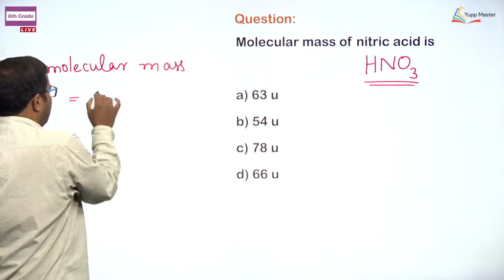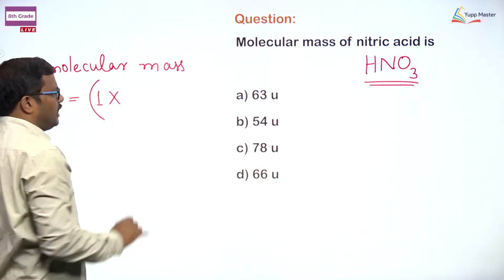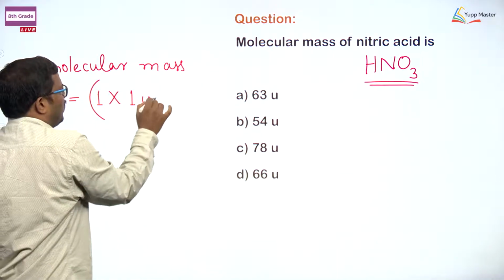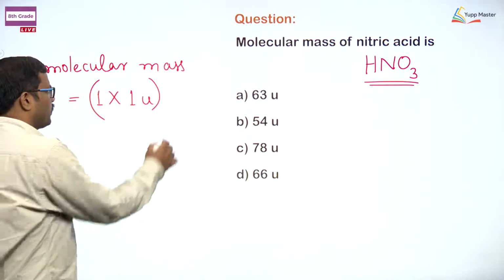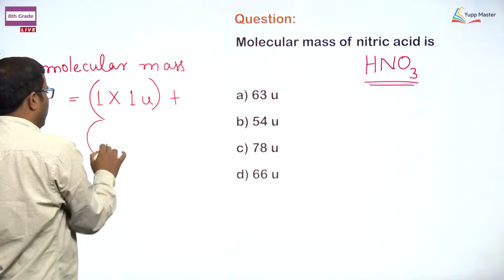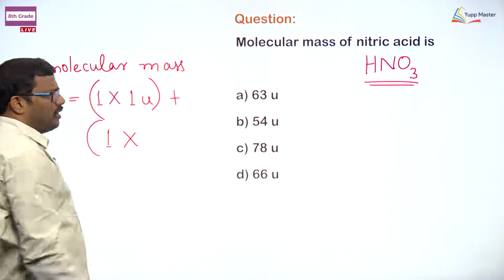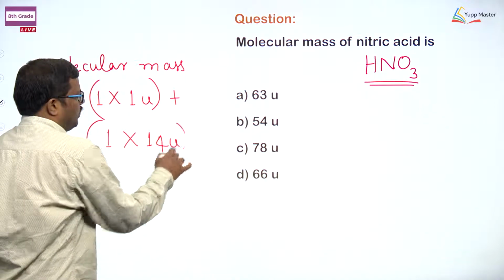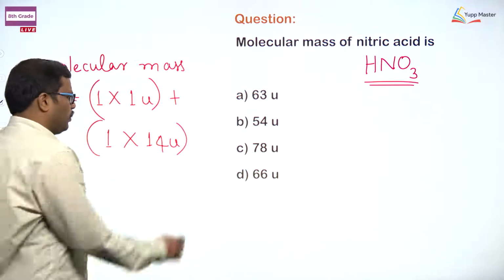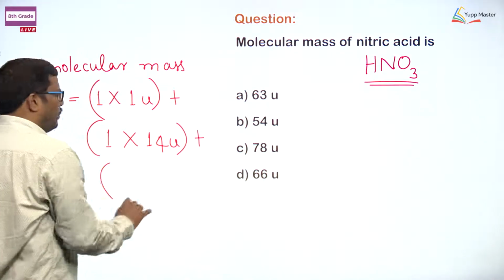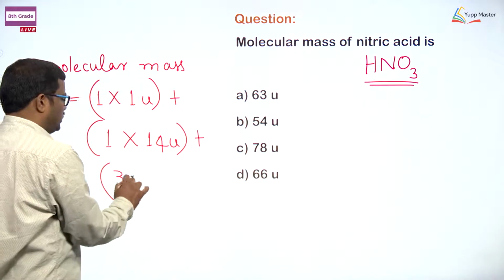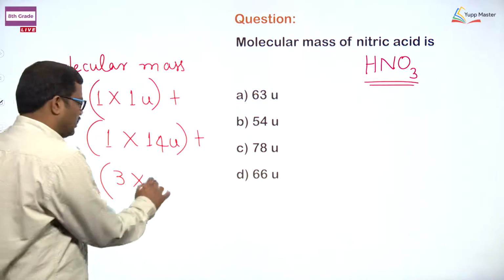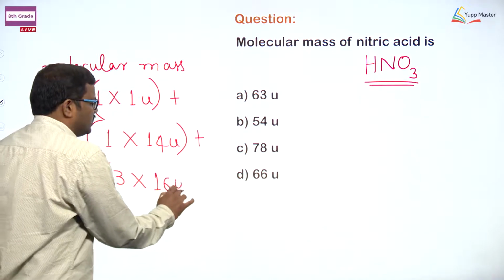So, how many hydrogen atoms do we have? We have 1 hydrogen atom, 1 into atomic mass of hydrogen is 1 U, plus. How many nitrogen atoms do we have? We have only 1 nitrogen atom. What is the atomic mass of nitrogen? It is 14 unified mass. So, 14 U plus. How many oxygen atoms do we have? 3 oxygen atoms into each oxygen atomic mass is 16 U.